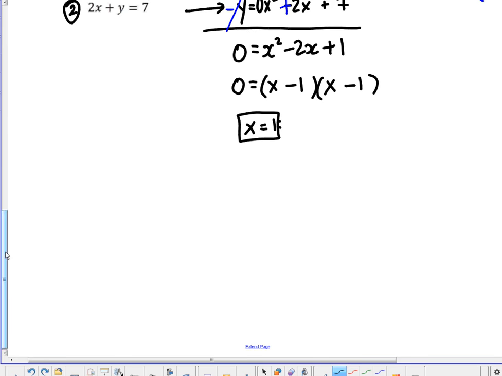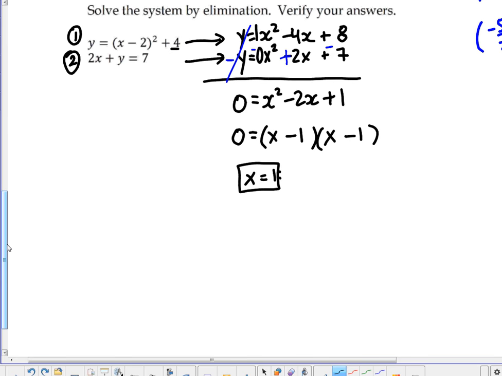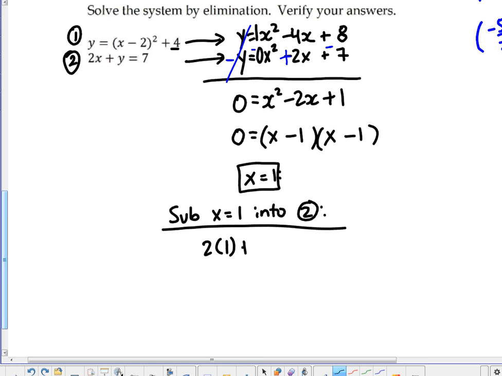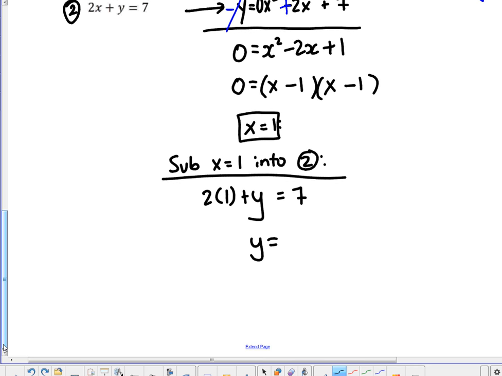Only one solution. Booyah. x equals 1. So we sub it into either equation. I'm going to sub it into 2. Two times 1 plus y equals 7. What does y equal? 2 plus what is 7? 5.